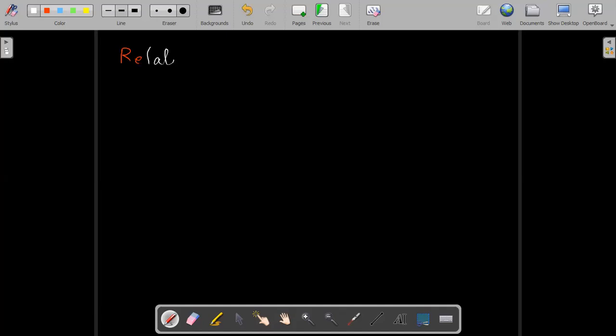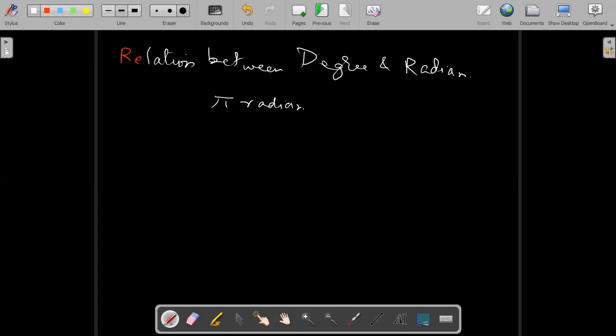So the relation between degree and radian. You can remember it the easy way: pi radian is equal to 180 degrees.